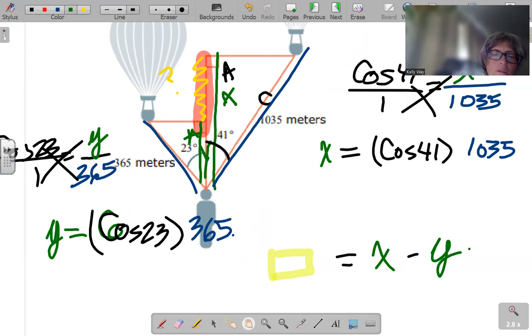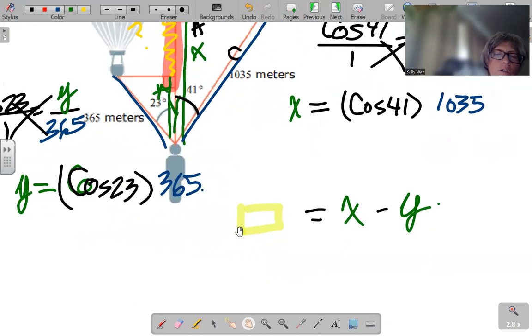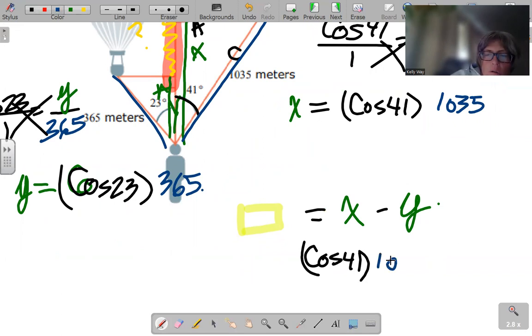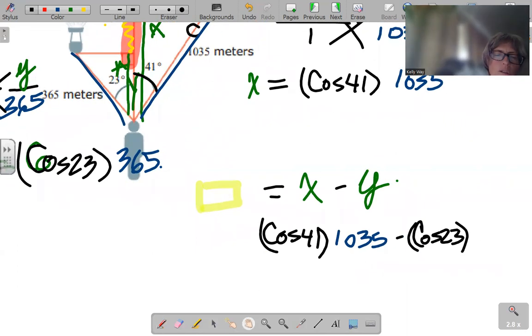Now you plug in the values of those in your setup. So x is cosine 41 times 1,035 minus cosine 23 times 365. Notice I'm setting it all up because it doesn't want you to round any intermediate steps.